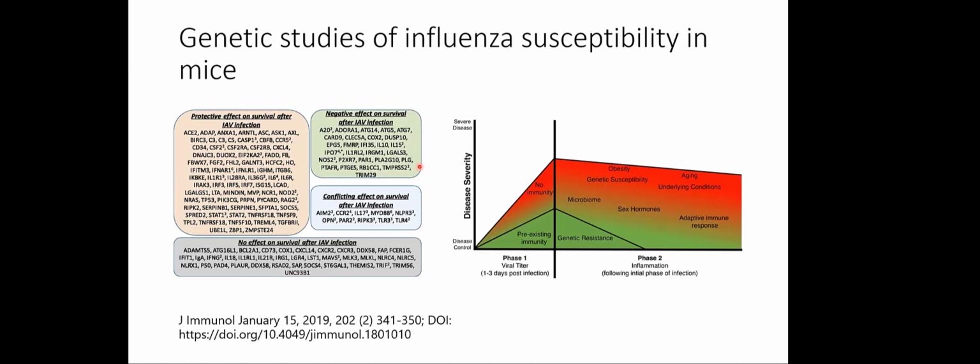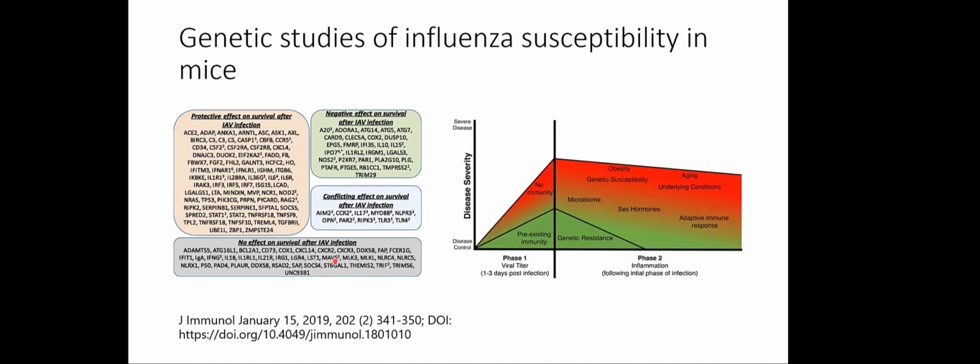And this is a review from JI. This was an entire issue of reviews, or had a whole section of reviews about flu. And this is from Jakob Boone, who's at WashU. And this is a really useful paper, I think, because he went through PubMed and very carefully curated mouse data on every knockout mouse that had been tested for flu, and whether the knockout had a protective effect on survival, a negative effect on survival, conflicting effects in the literature, or no effect on survival.